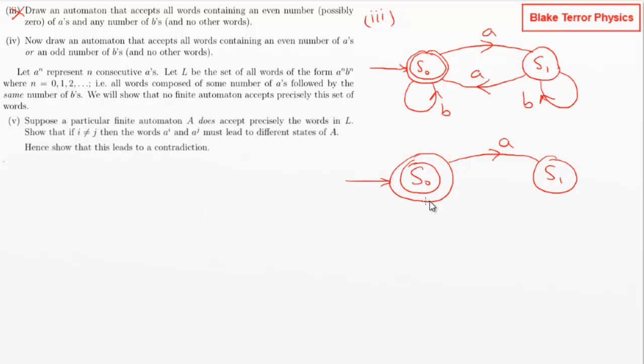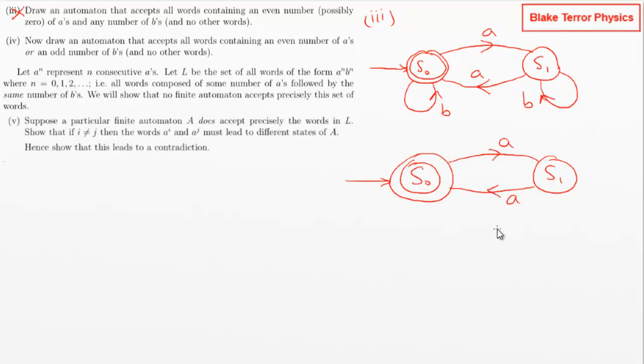So it can't loop round to S0, so it's got to go somewhere else because otherwise we'd have an odd number. S1 then cannot be an accepting state because at the moment we've got an odd number of A's and an even number of B's. So that can't be accepted. So we can go back to S0. I mean, that seems sensible to go back there with A.